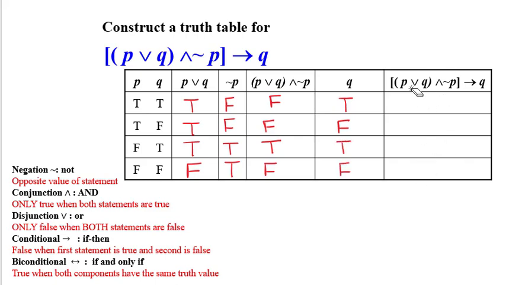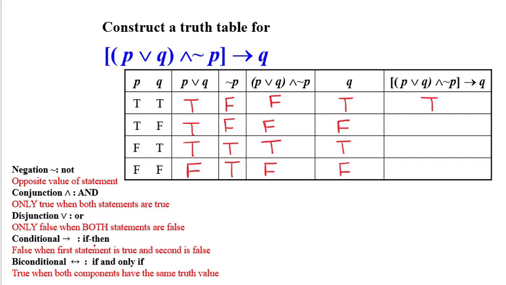Okay, we're on our last column. We have already done the P or Q and not P. And then I wrote Q again. And this is a conditional, an if-then. So this is false if the first statement is true and the second is false, which means it's mostly true. So false, true, that would be true.